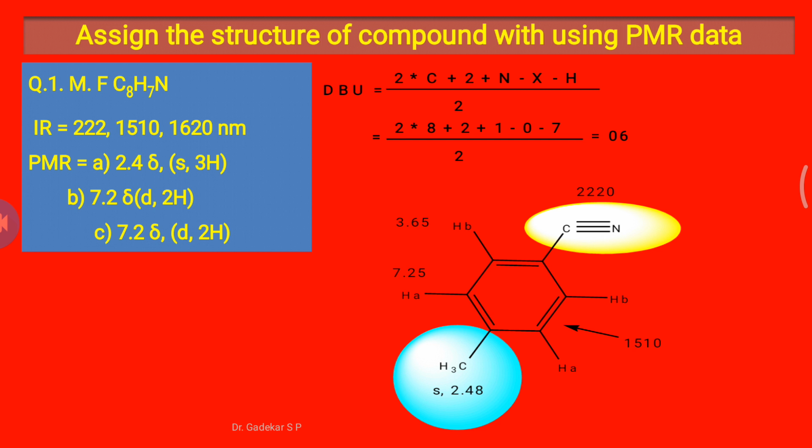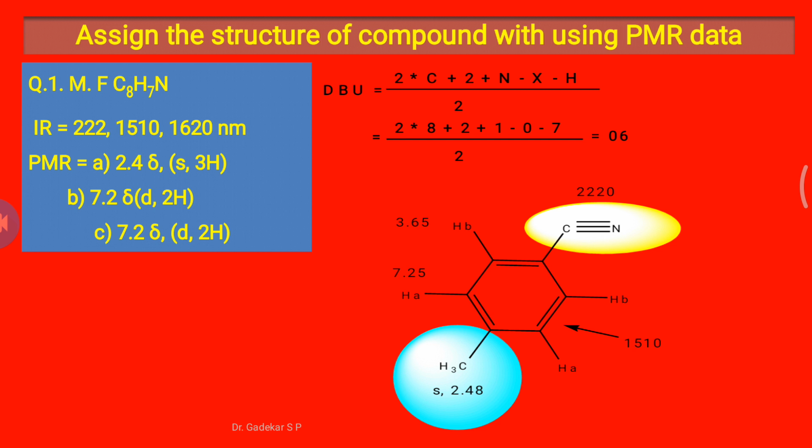So this IR information suggests the compound contains certain functional groups. The 2220 centimeter inverse absorption indicates the compound contains a nitrile group. The 1510 centimeter inverse gives the compound containing CH bonds, meaning the fingerprint region.